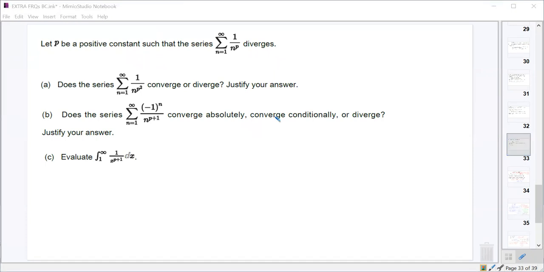So here we have 1 over n to the p, and we should know what makes it diverge, right? 1 over n to the p will diverge if p is what?